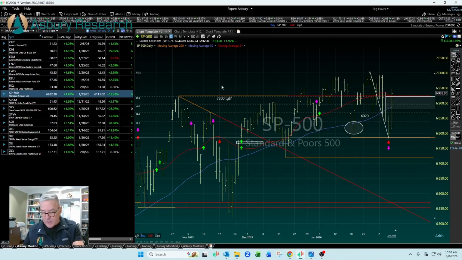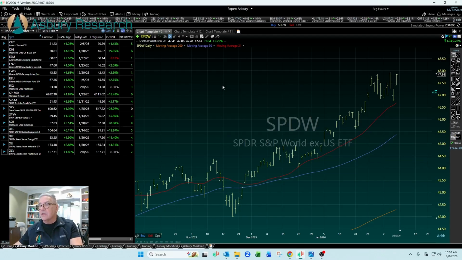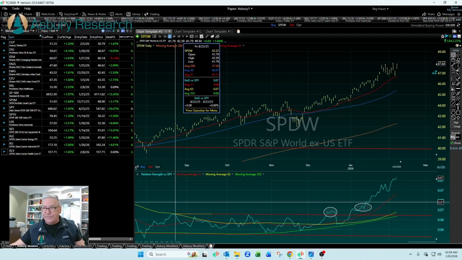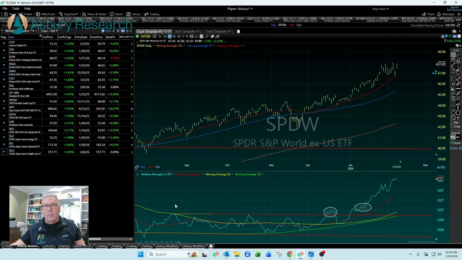We're going to show you SPDW, which is the Spider S&P World Equity Index ex-US, excluding the US. And here's its relative performance versus the S&P. You can see that since October, there was really no comprehensive relative outperformance by other developed world indexes.